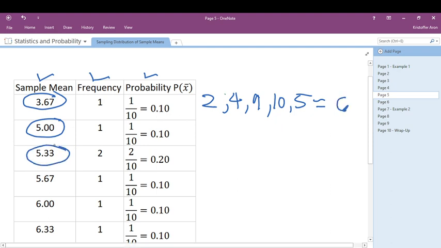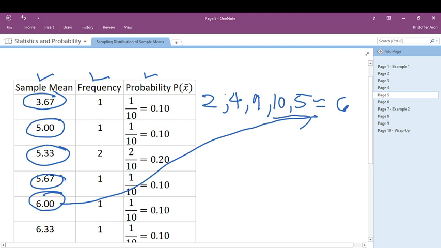And here are different sample means. The difference between the sample mean and the population mean is what we call the sampling error. Look at this one: the corresponding sample of this sample mean is a perfect representation of the population because they have the same mean. Unlike this one, with a sample mean of 3.67, which is far from the true population mean. So the differences of the sample means from the population mean are what we call the sampling error.